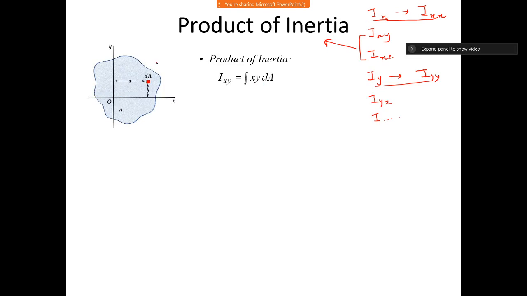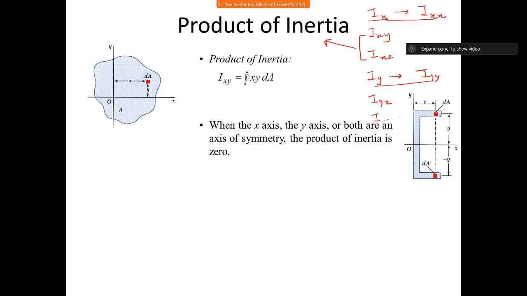So if I have a simple 2D plate, and a small cross-sectional area dA, then the contribution from this dA is x times y times dA, and then we sum it up for all small particles, and if we have a continuum, we change that summation to an integration. So this is the definition of the product of inertia.